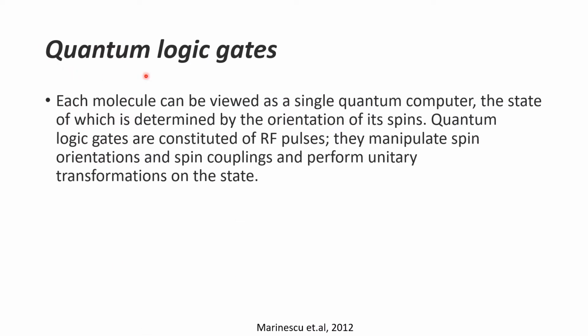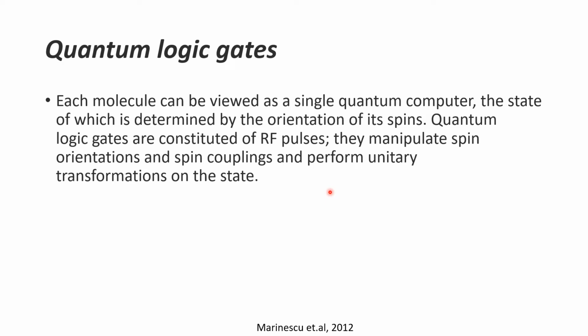Having acquired the knowledge of what a qubit is and what the qubit states are, we come to the manipulation of these states. A quantum computer can be as simple as a single molecule or a single atom. The state is determined by the orientation of its spins, and these states can be manipulated by RF pulses.